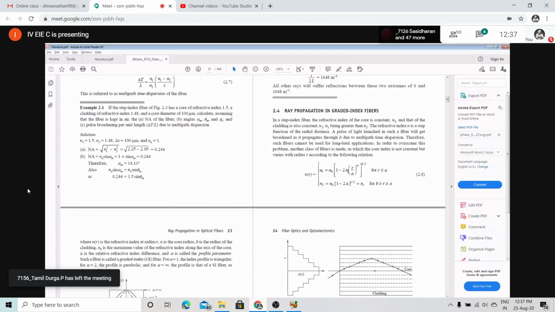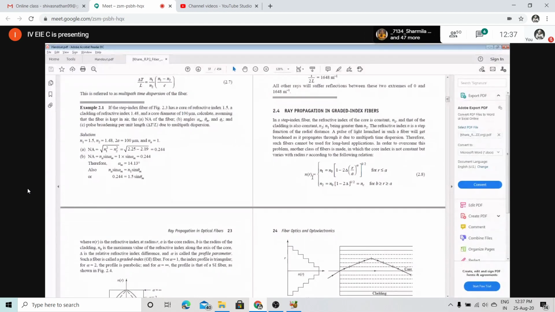Whereas in a graded index fiber, we find the refractive index to change with respect to the radius of the core. Clear? In order to represent that, I'm going to include the notation n of r. That represents the refractive index at that particular radius.